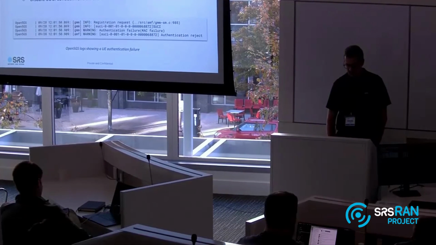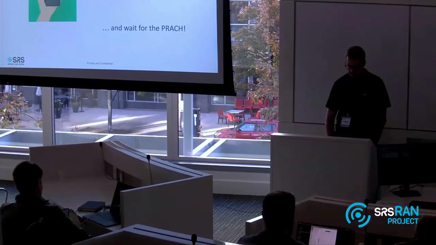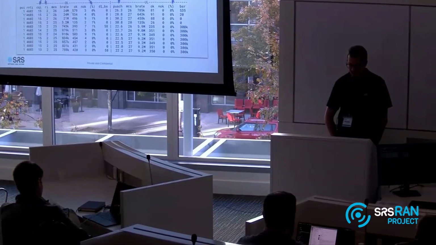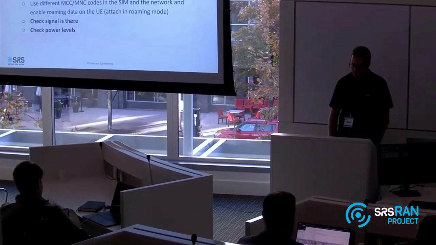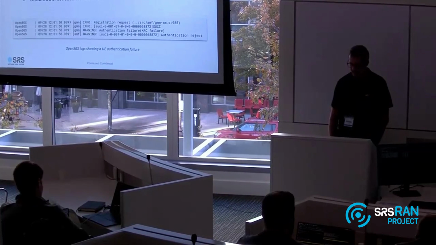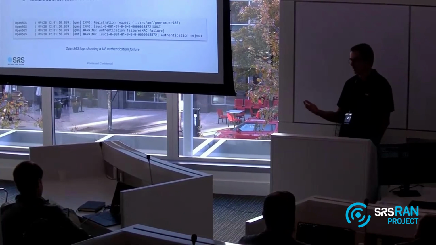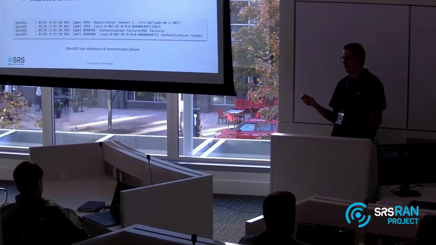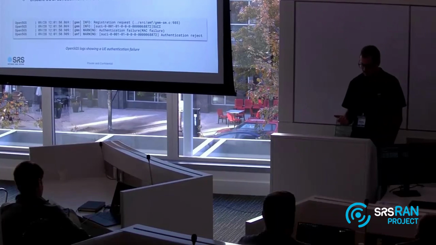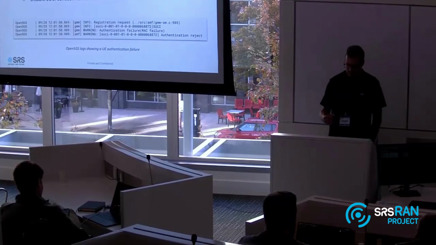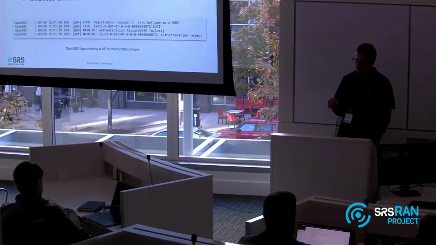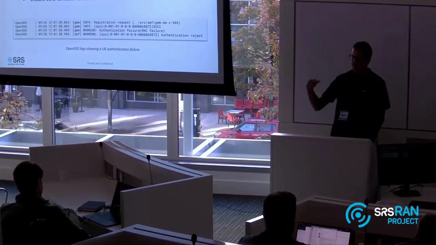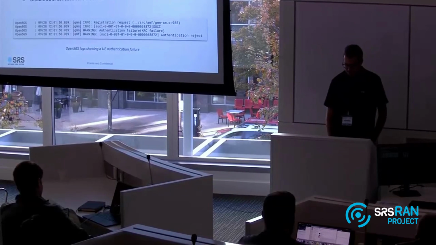The UE does not attach, but you see something in the console. So in this console trace, you see some lines, but you don't really see traffic. You see just a few kilobytes, but in the phone, you don't see the 5G signal, for instance, it has not attached. What most likely happens is that it succeeds in the random access procedure.